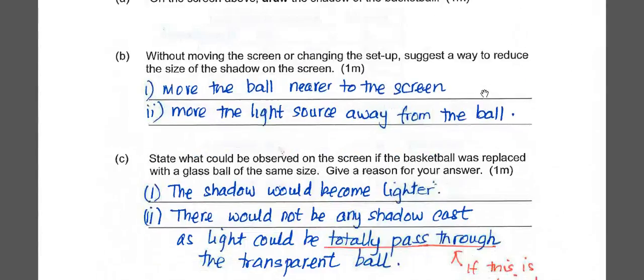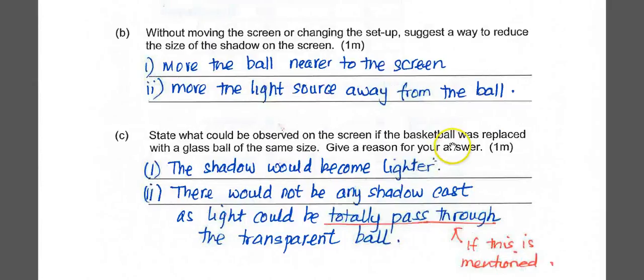But if you are saying that the glass ball is totally transparent, then very likely you may say that there's no shadow at all, based on the fact that you say it's totally transparent.